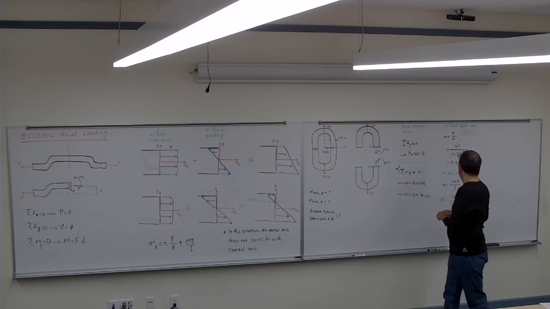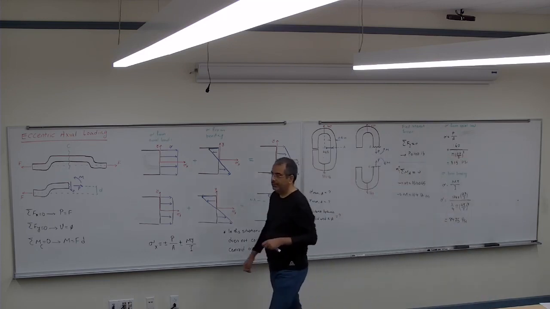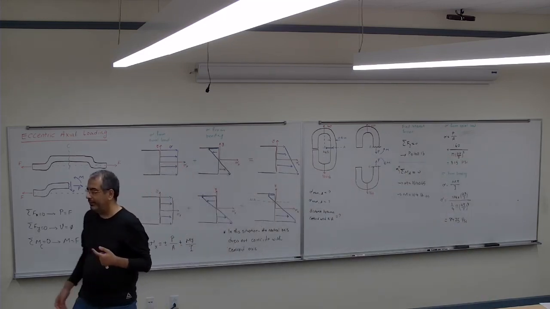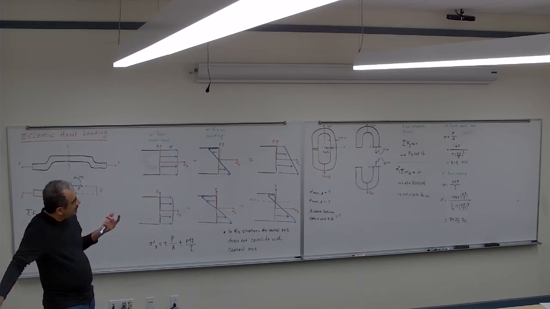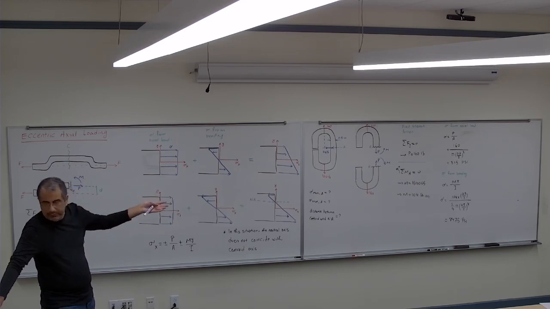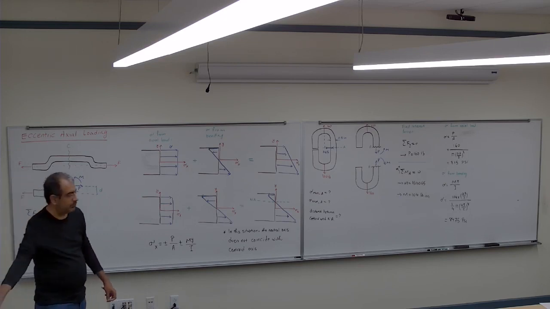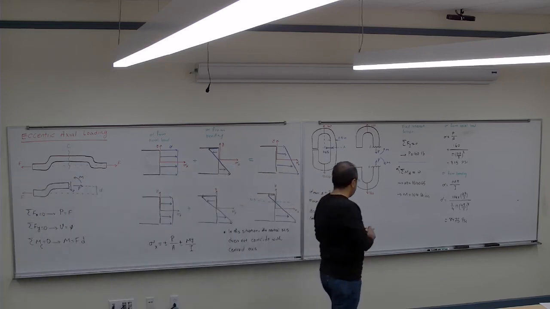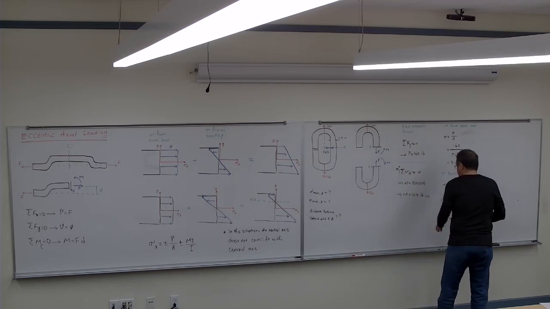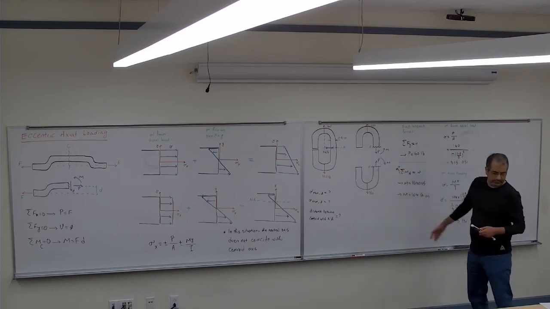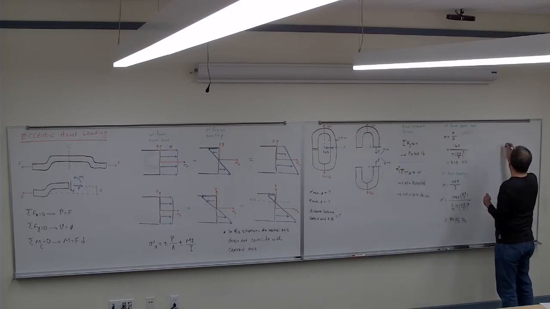Now I have to add them together to see what happened. Usually it's easier to draw it visually, so you see which part is positive, which part is negative, which part you have to add and which part you have to subtract. So I'm going to draw the bottom cross section.